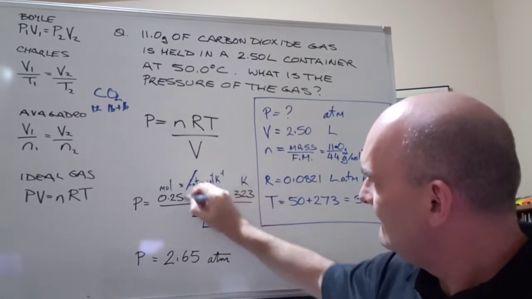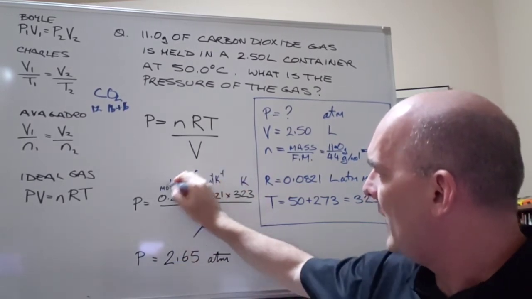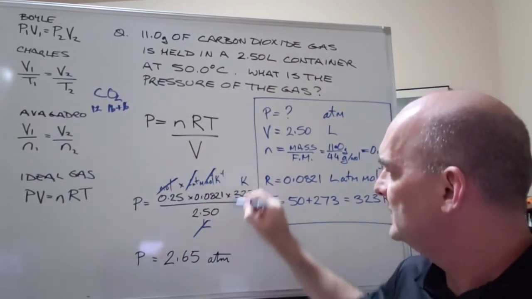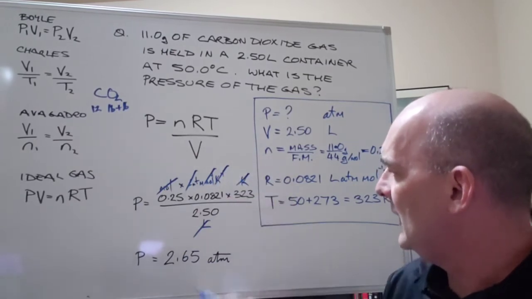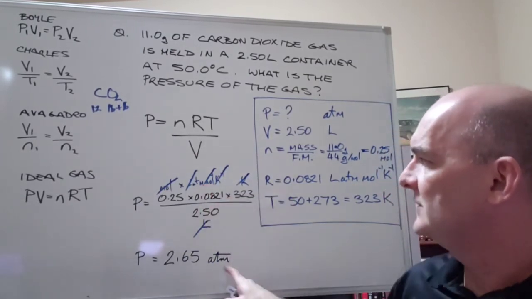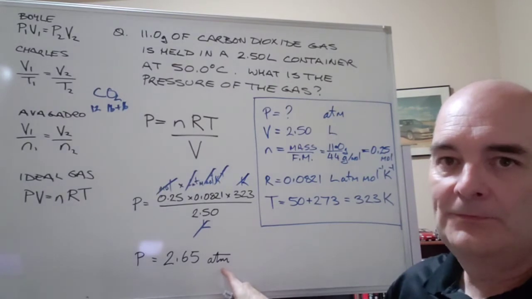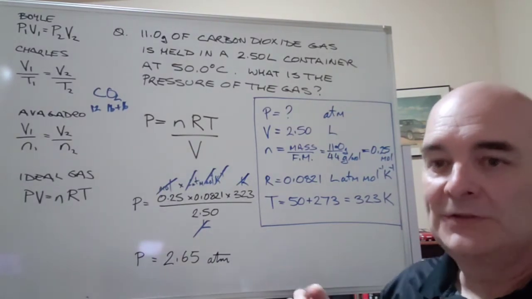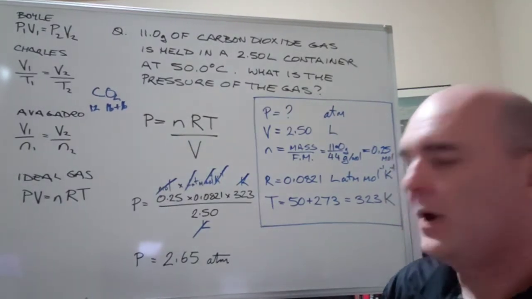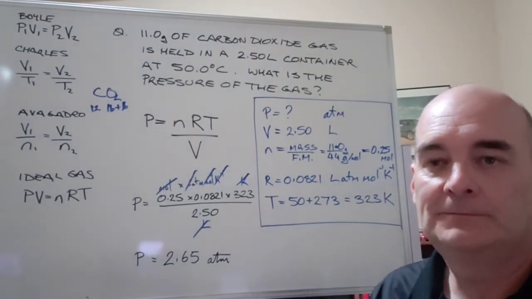That liter and this liter cancel, that mole and that per mole cancel, that per Kelvin and that Kelvin cancel, and it gives me an answer that is in atmospheres. My answer is 2.65 atmospheres.